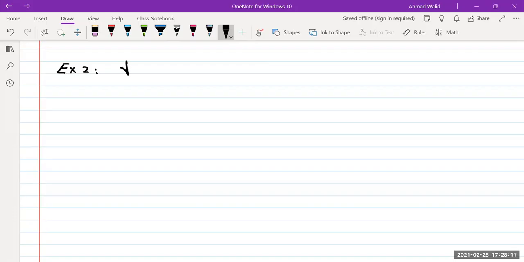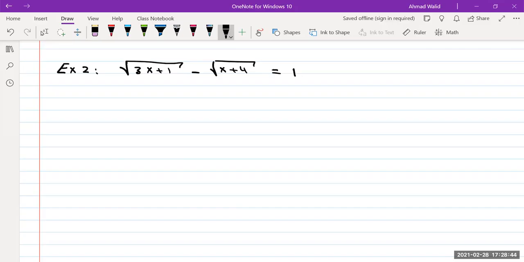Square root of 3x plus 1 minus square root of x plus 4 equals what? In this problem, you see two radicals are involved on one side.